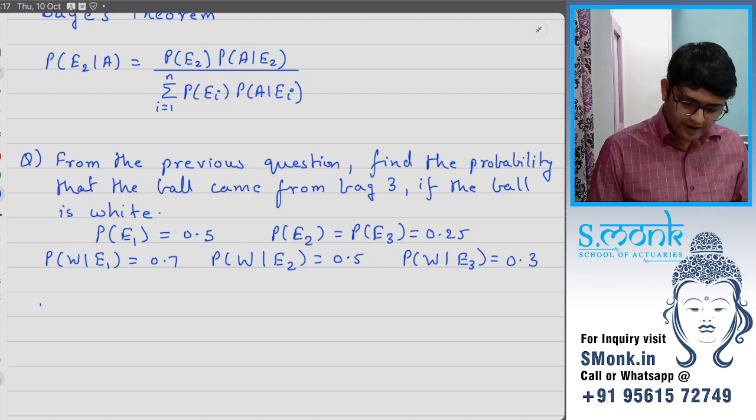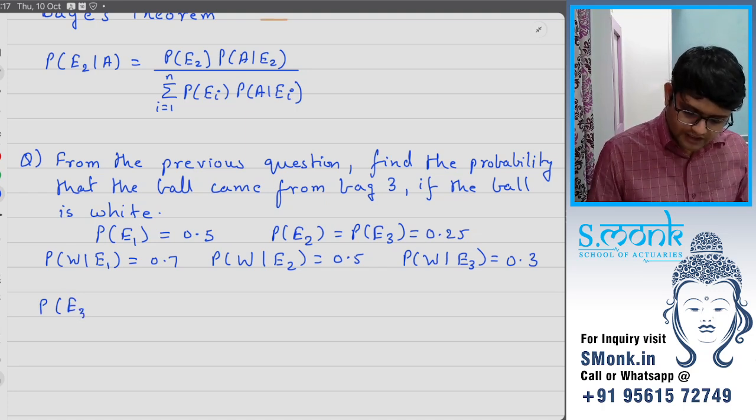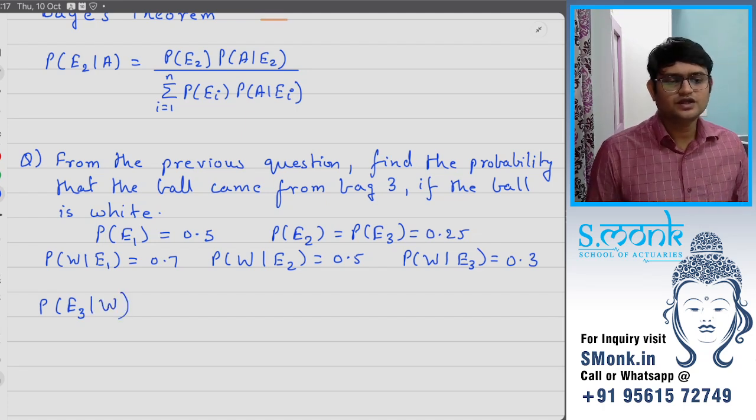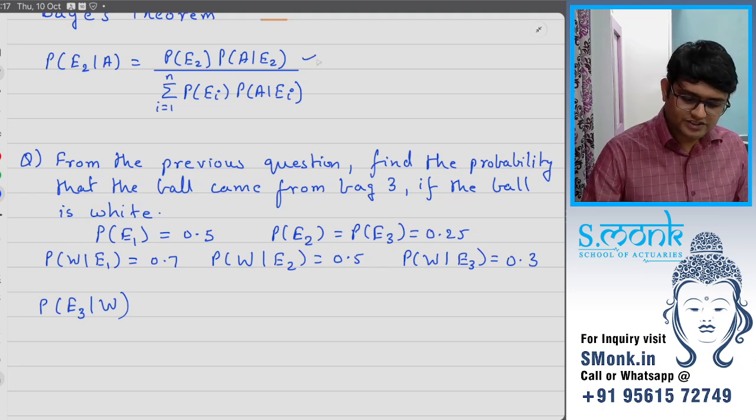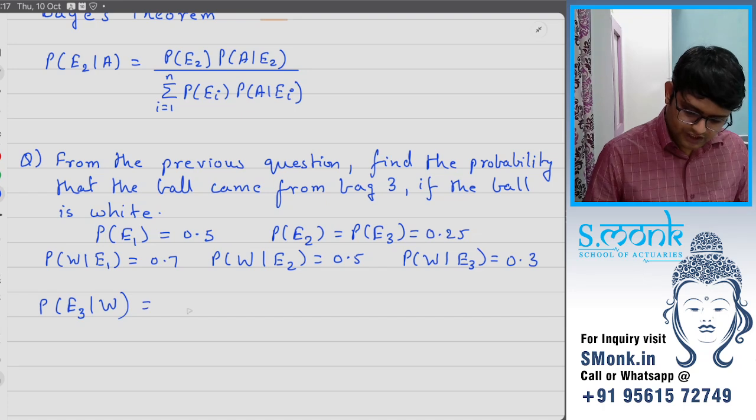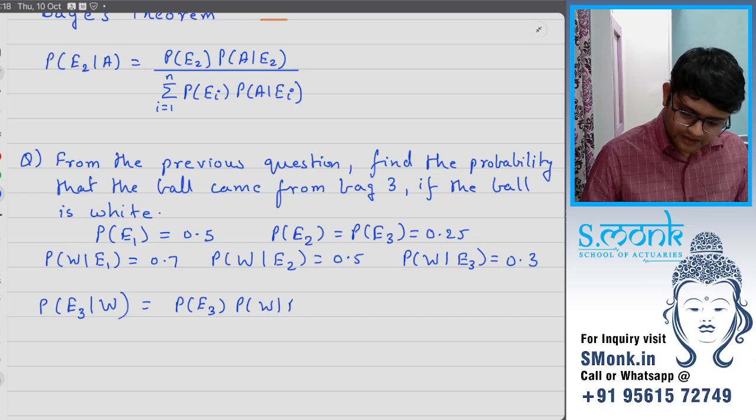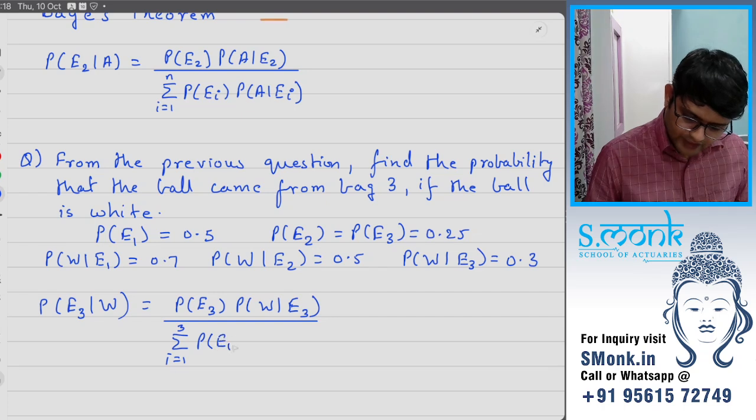If I want to find the probability that the ball came from bag 3 given the ball was white, according to Bayes' theorem, what we should do is say this is nothing but probability of bag 3 times probability of white given bag 3, upon the summation over i going from 1 to 3 of probability of Ei times probability of W given Ei.